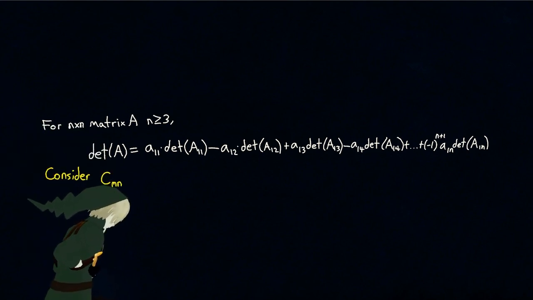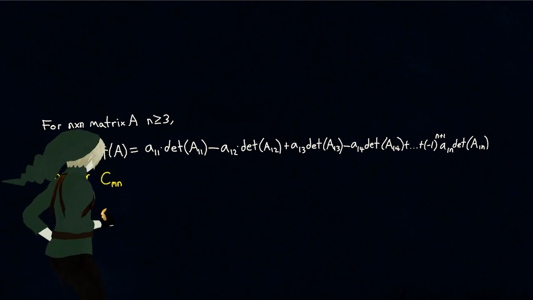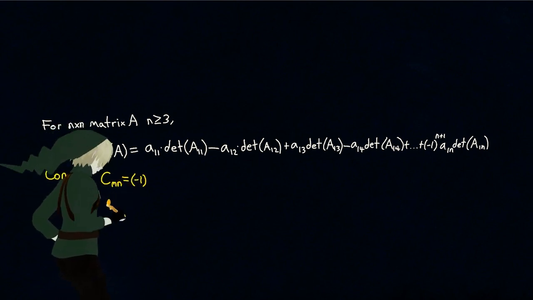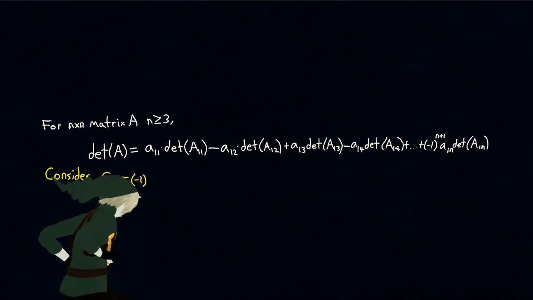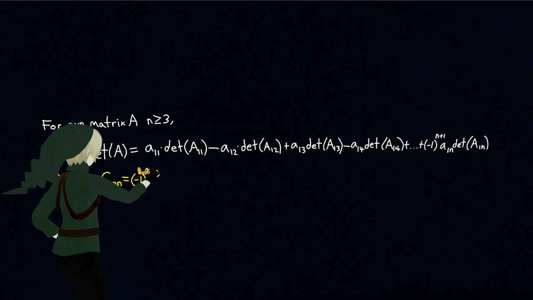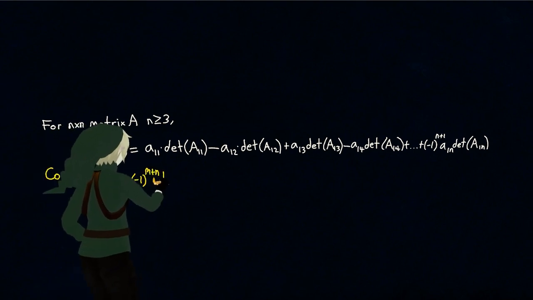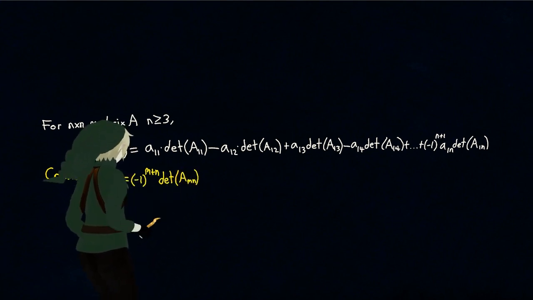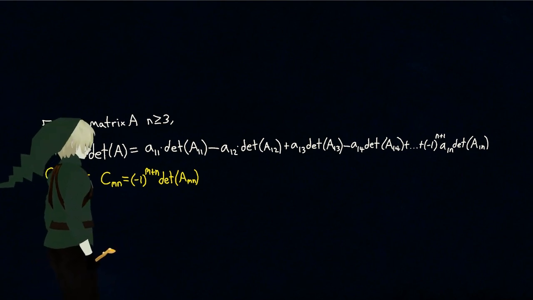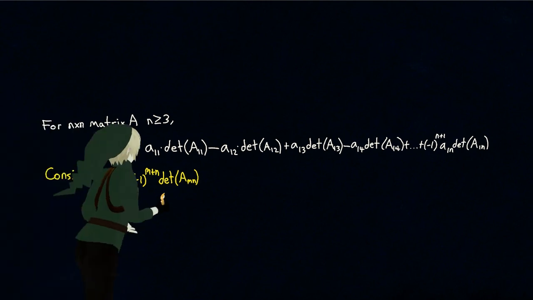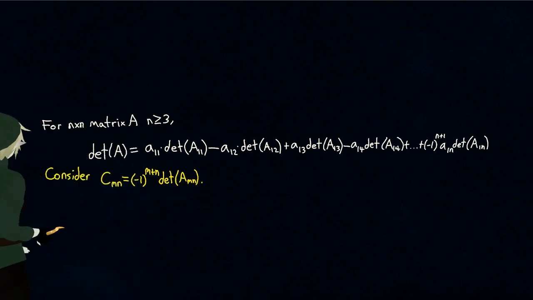And now the formula that we write for this is -1 to the power m plus n, and then the determinant of A mn. Okay? So just consider this.